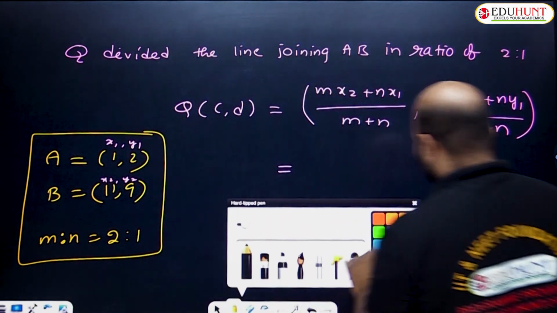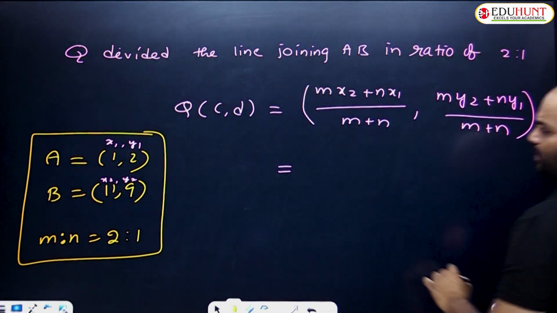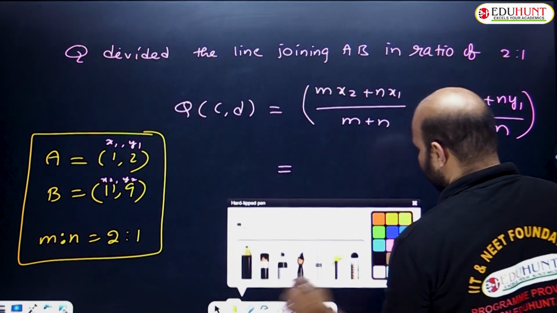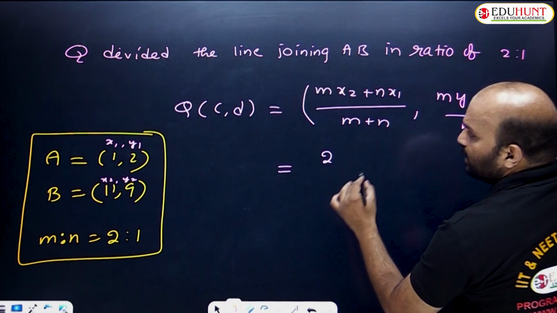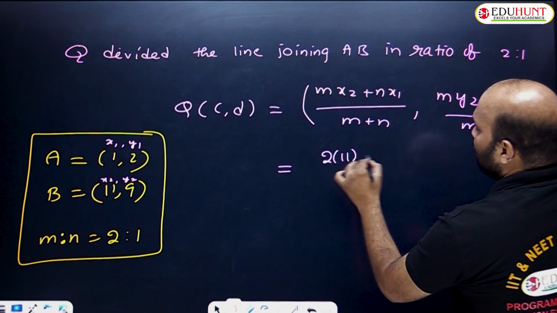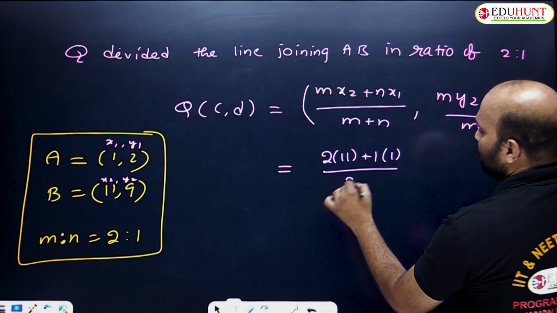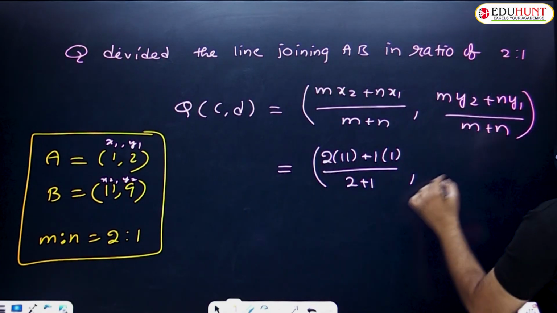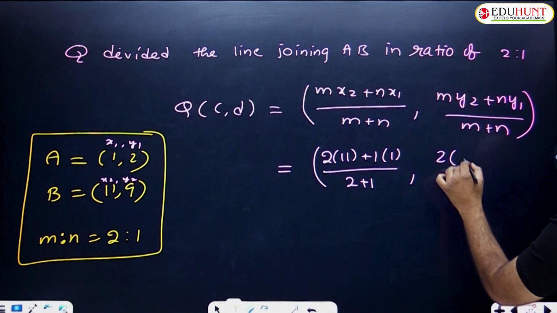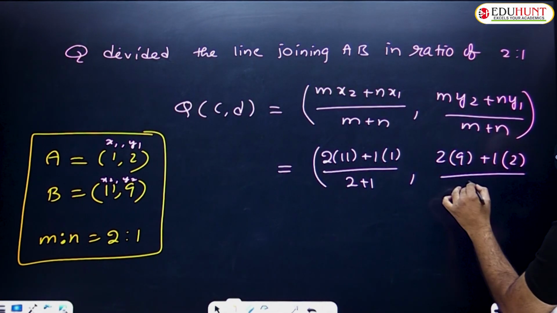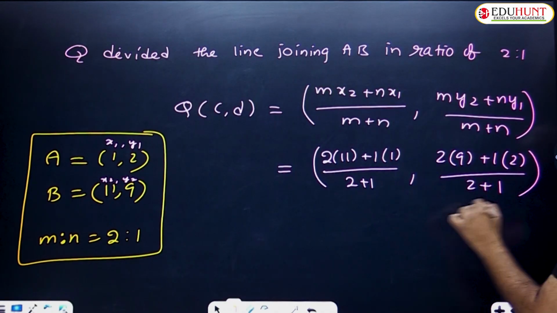Yes. So by using the section formula, what is the m value here? 2. So 2 into x2 11 plus n, 1 into x1 1, whole by m plus n, nothing but 2 plus 1, comma, m 2 into y2 9 plus n, nothing but 1 into y1 2, whole by m plus n, 2 plus 1.